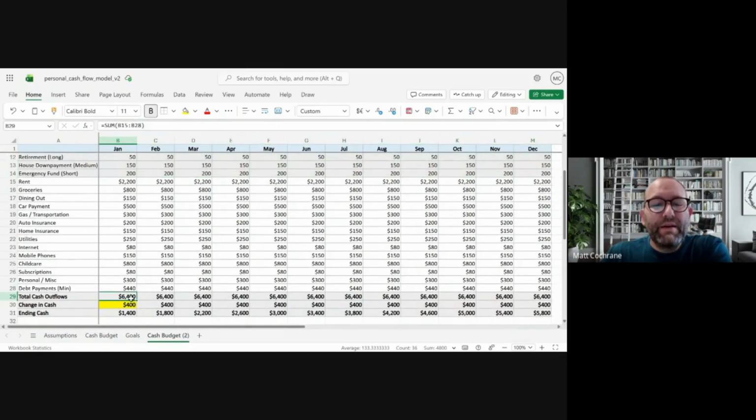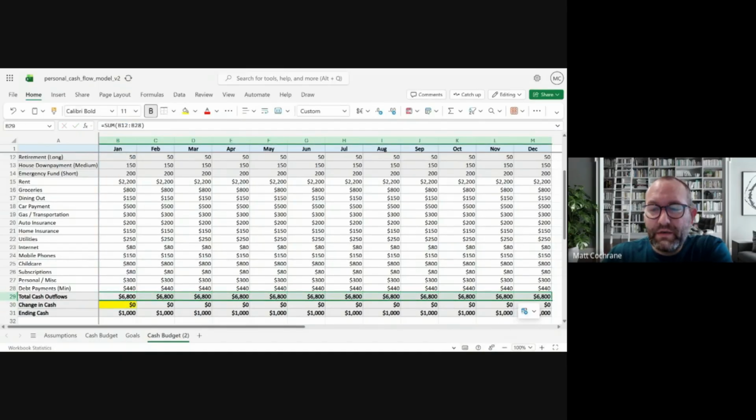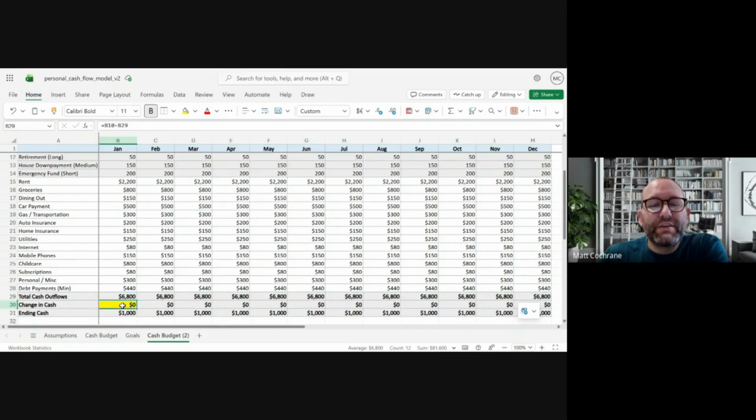Okay, now when we come down here, we want to sum all of these, which are now going to include our goals. And we can copy this over. And now you can see that the change in cash is 0. Why? Because we've identified the excess cash that we have available. We've allocated it towards our goals, and we've updated our cash budget based on the goals that we have and the contributions to each of those, which are cash outflows.